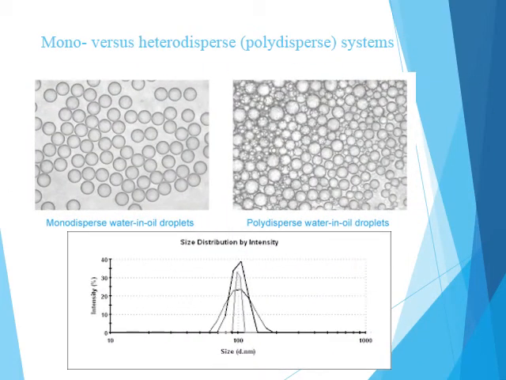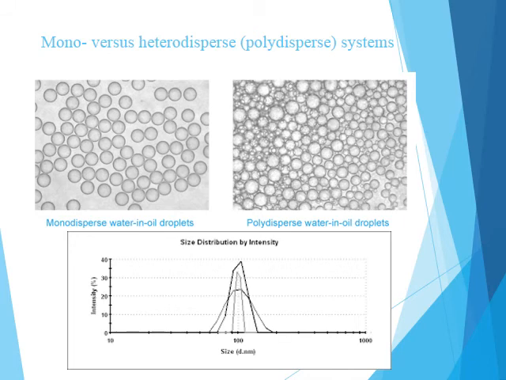Now, before ending this lecture, I'd like to mention some information about what we mean by monodisperse versus heterodisperse or polydisperse systems. As you can see in these images, in the first one to the left, we have very uniform droplets inside the external phase.